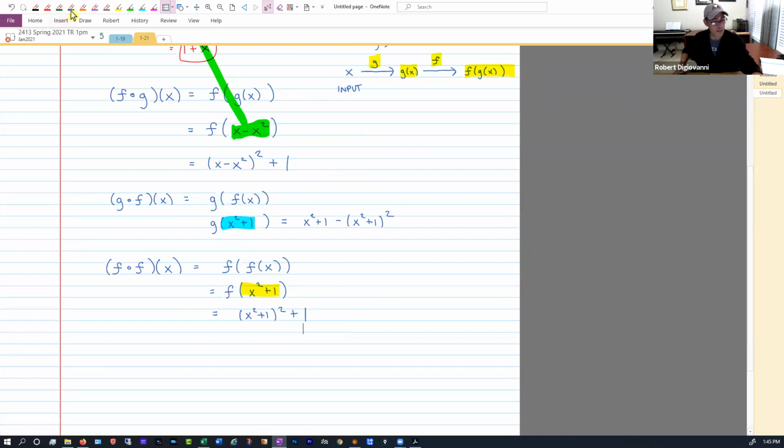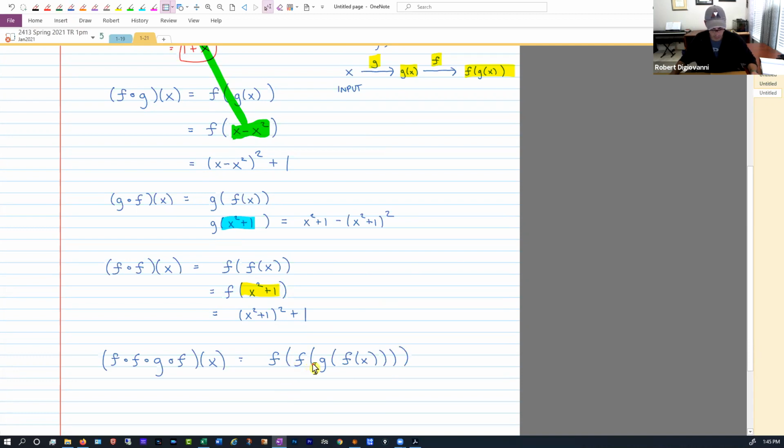Now I'm going to stop here, but there's nothing stopping us from doing multiple compositions. Like this would mean f, and inside of f goes g, and inside of g goes f.